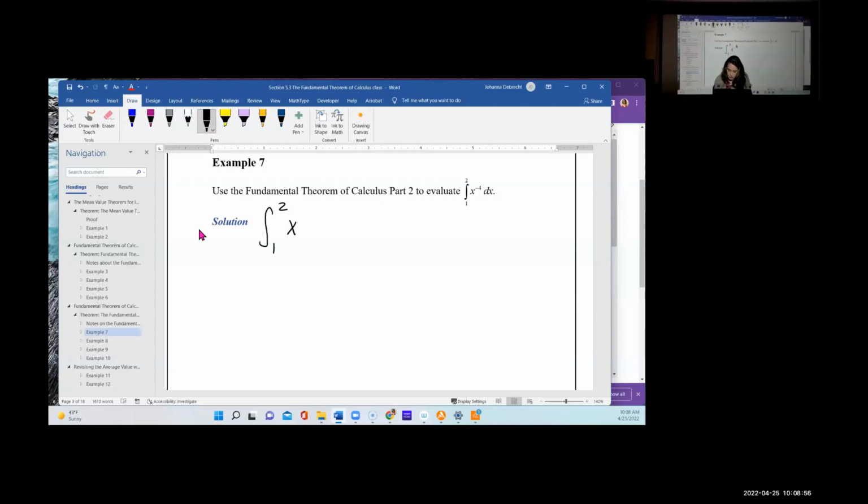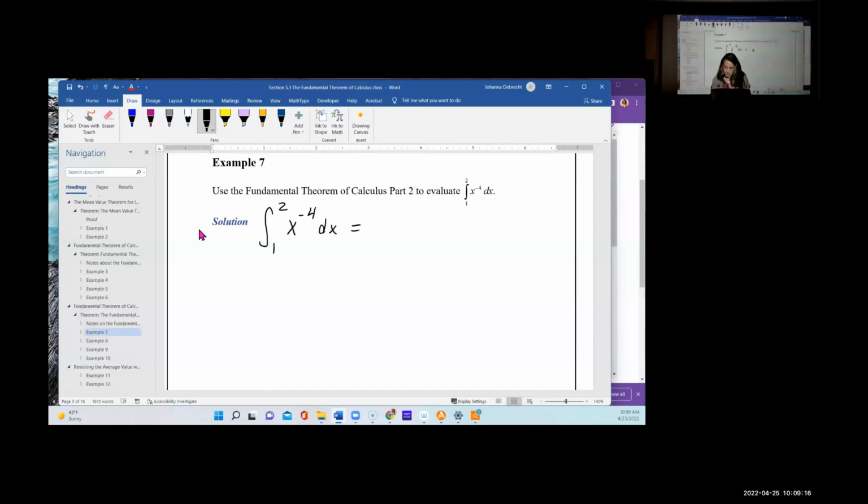So we have the integral from 1 to 2 of x to the negative 4 dx. How do you actually apply the fundamental theorem of calculus part 2? What you want to do is start as if it were an indefinite integral and find the antiderivative function.